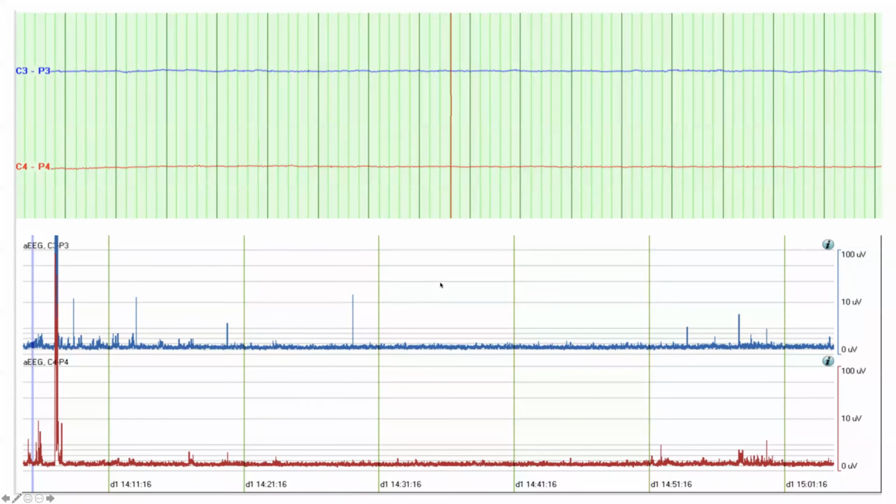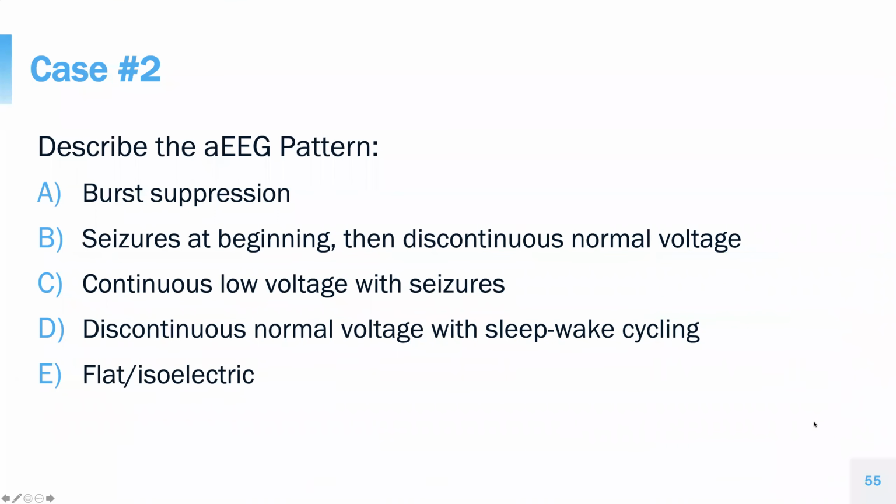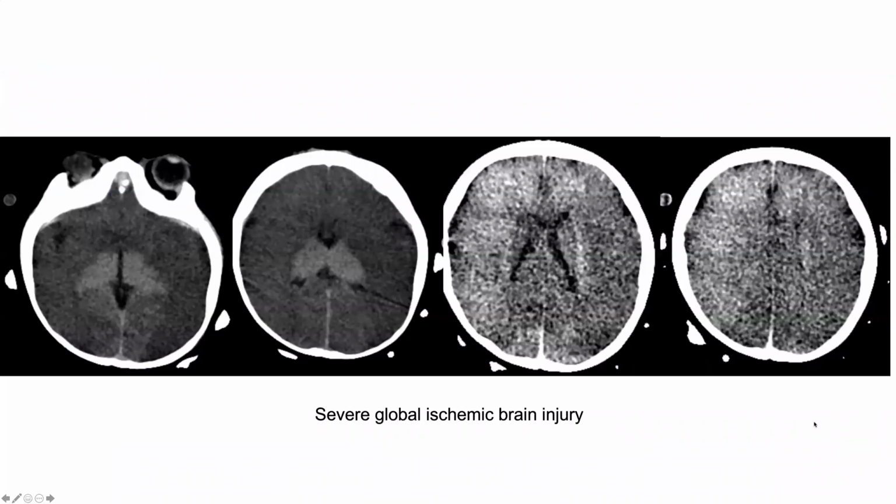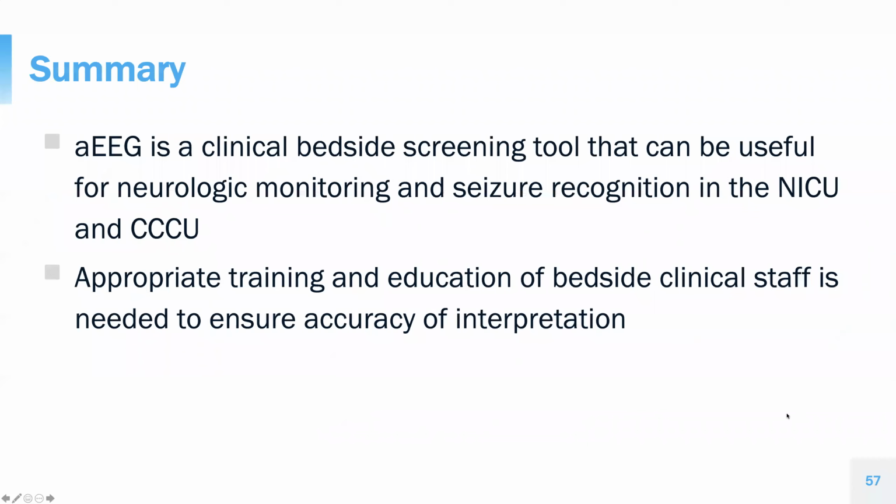All right, so the majority of you, 91%, voted for a flat or isoelectric trace, which is the correct answer in this case. And this is the patient's CT that showed severe global ischemic brain injury. And I believe Vanna will go into these in more detail later in the afternoon.